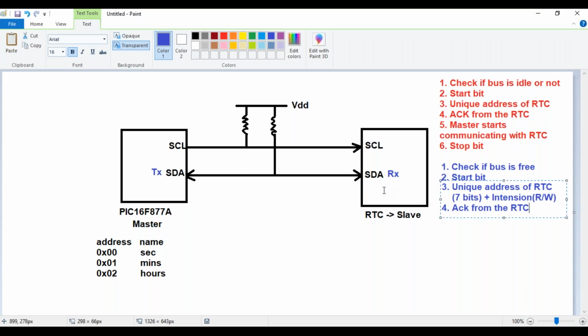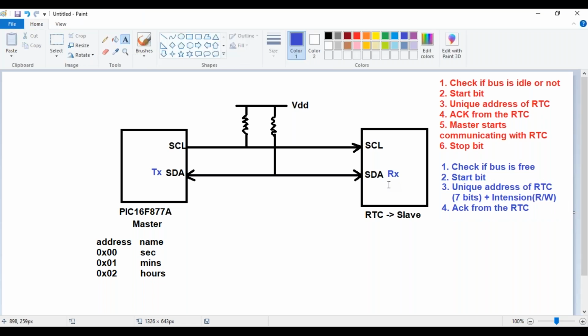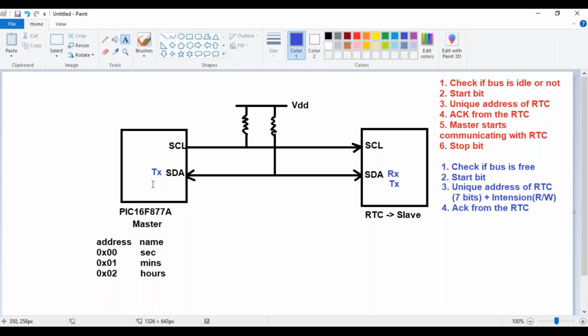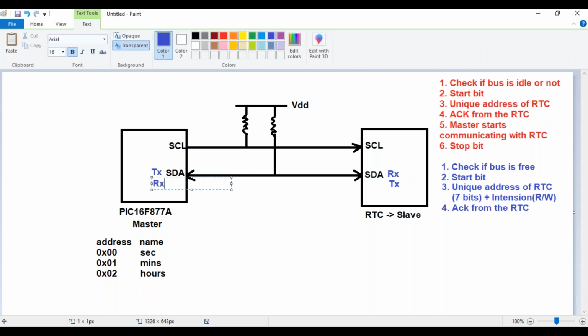Your RTC is the transmitter when the acknowledgement is being given, and that acknowledgement is being received by the receiver, that is your master. So now RTC is the transmitter and master is the receiver.